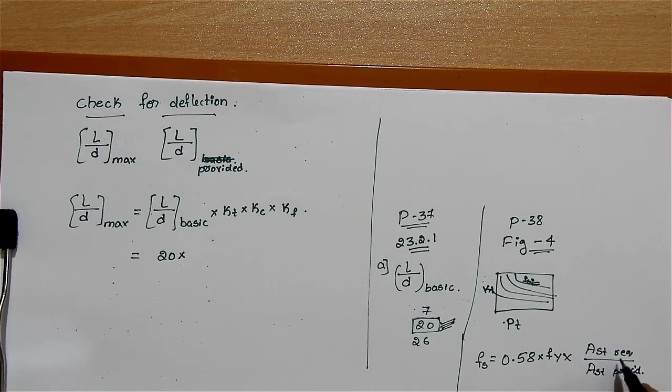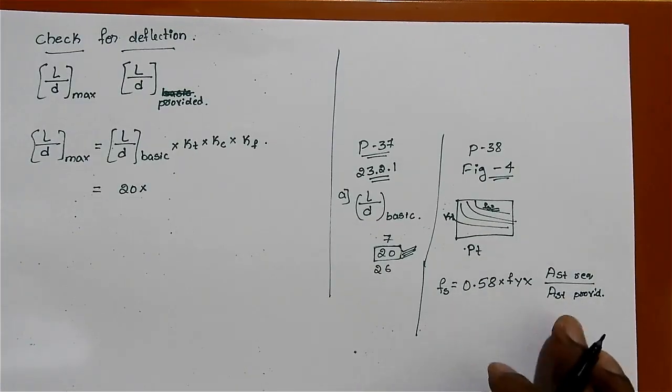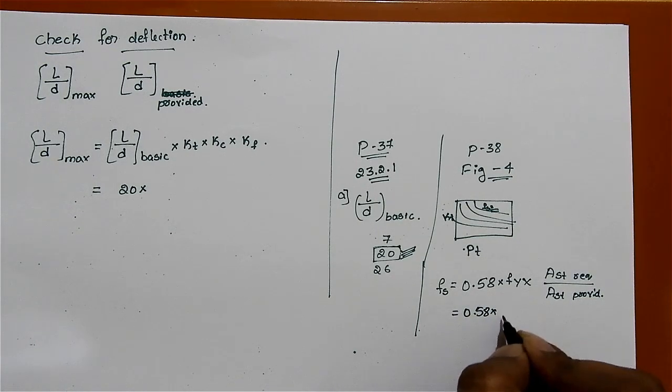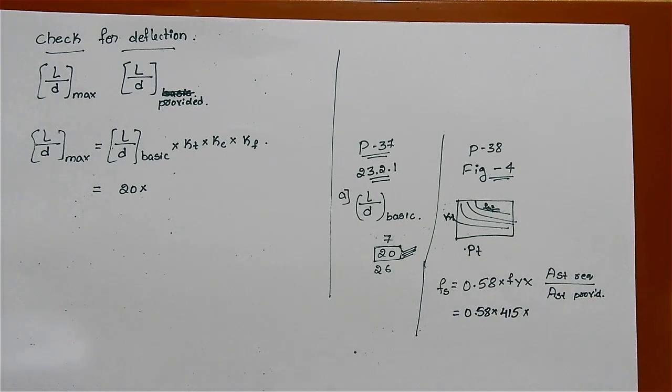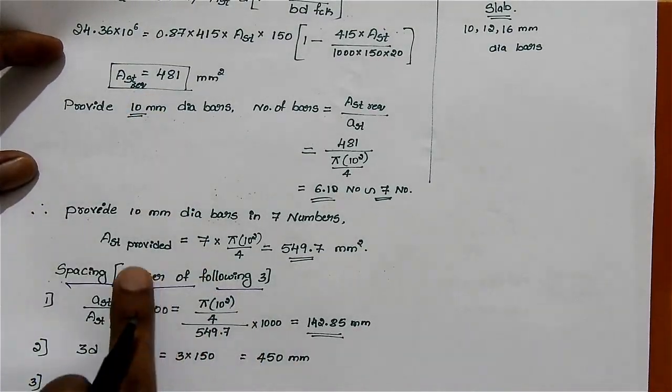Here we need to take AST required and AST provided only for the main steel reinforcement, not the distribution steel. Fy is 415.